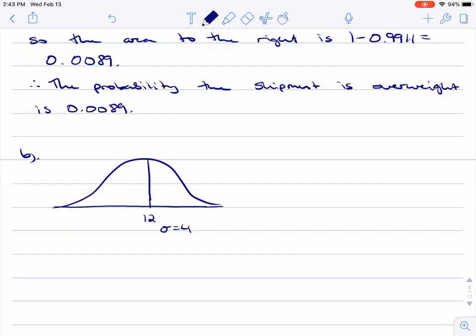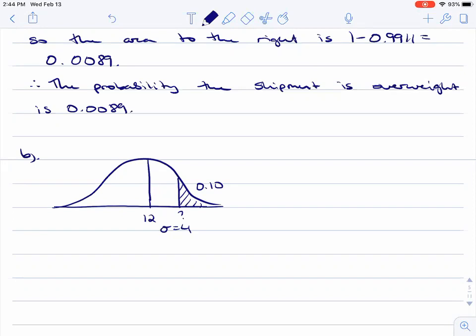And just in our calculations, we use sigma over root n. And so now we want to know the heaviest 10% of boxes. We're forcing that area to be 0.1.